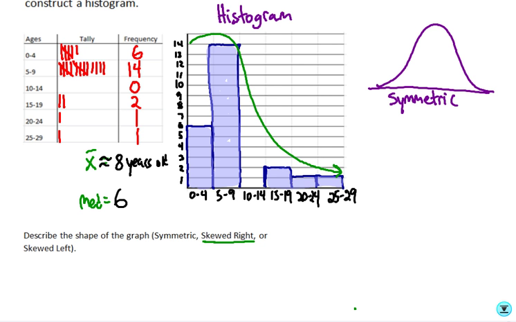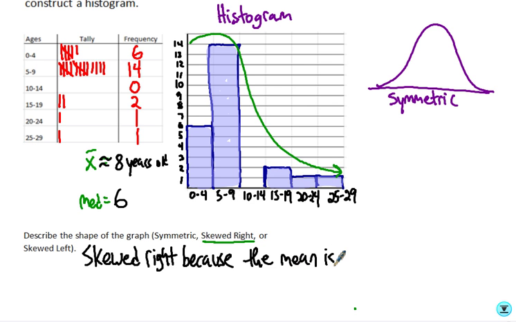So there's two things we could say here, is that it's skewed right because, one, we could say that the mean is greater than the median.